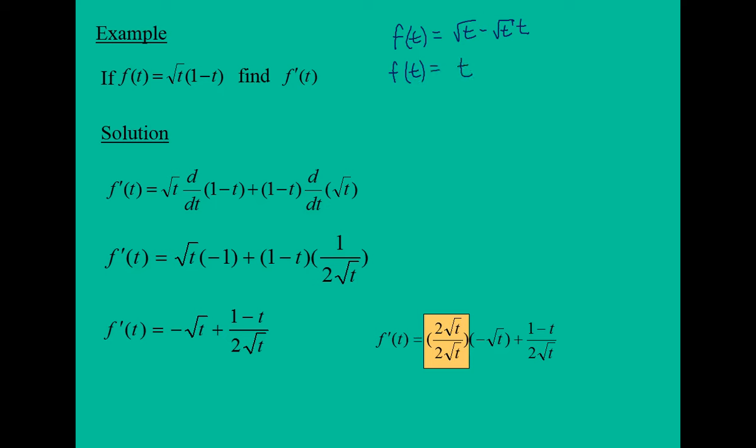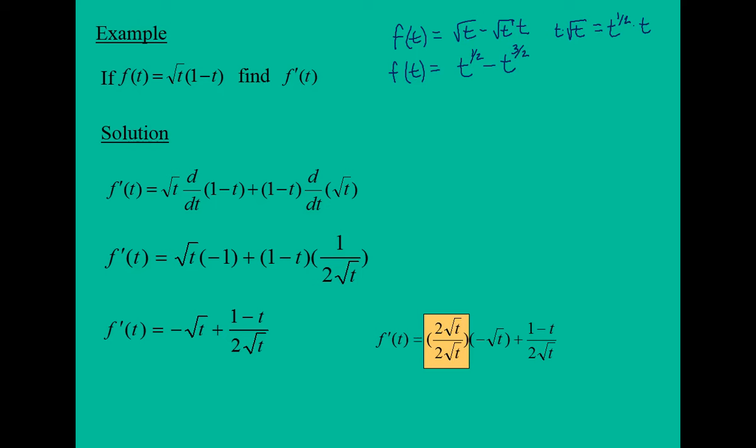This is t to the 1/2 minus. Now the square root of t is just t to the 1/2. And if we have t times the square root of t, we have like bases, and we can add the exponents. So we'd have t to the 1/2 minus t to the 3/2.